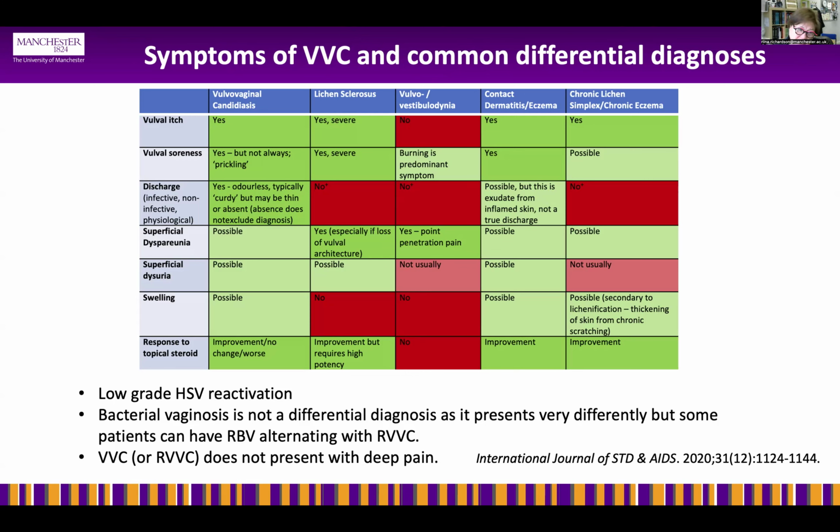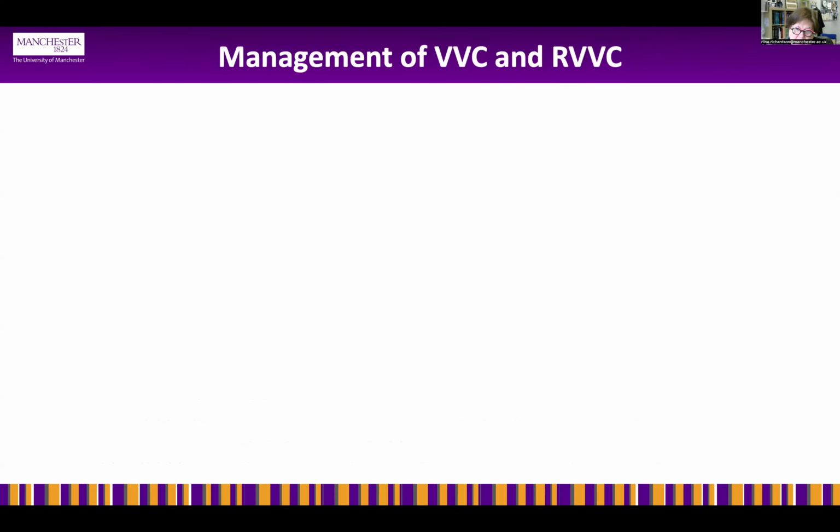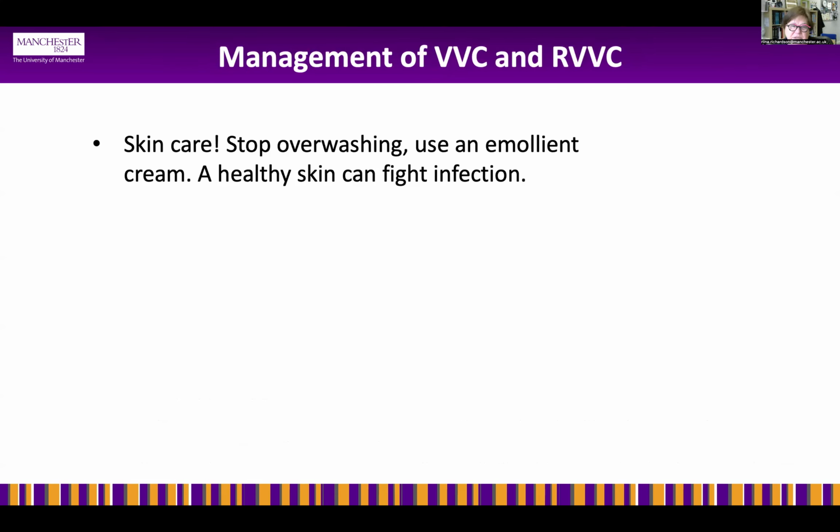It's important to note that bacterial vaginosis is not a differential diagnosis at all. It presents so differently that it shouldn't even come to mind. But of course, you can have patients who flip between the two, BV and VVC.